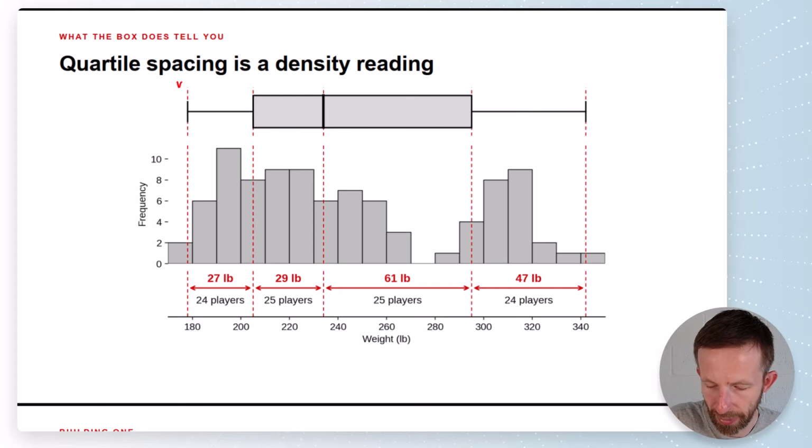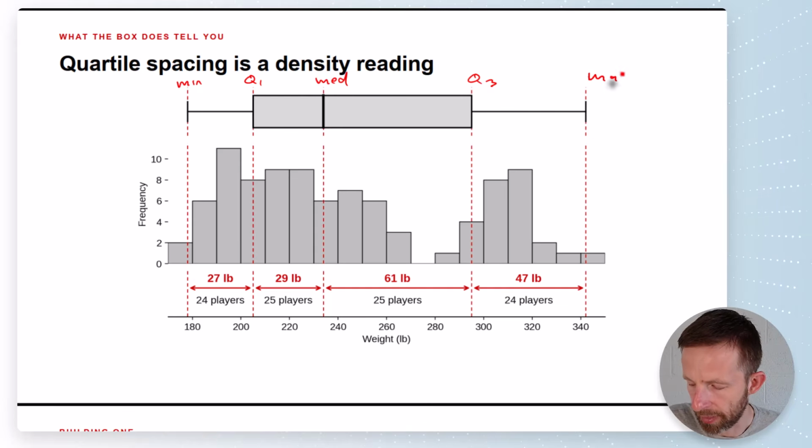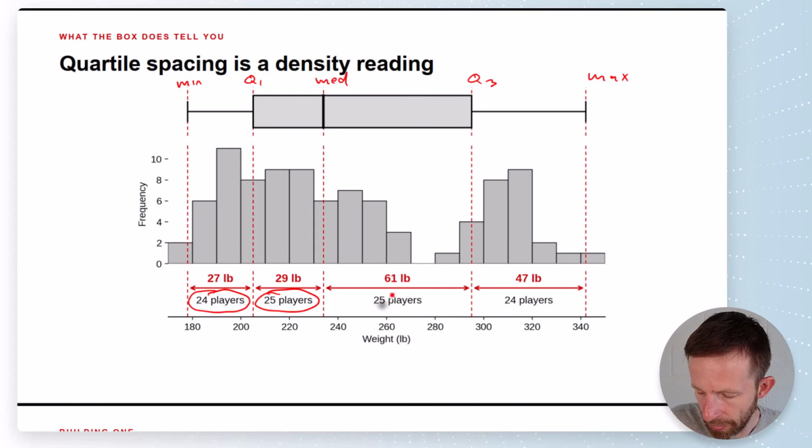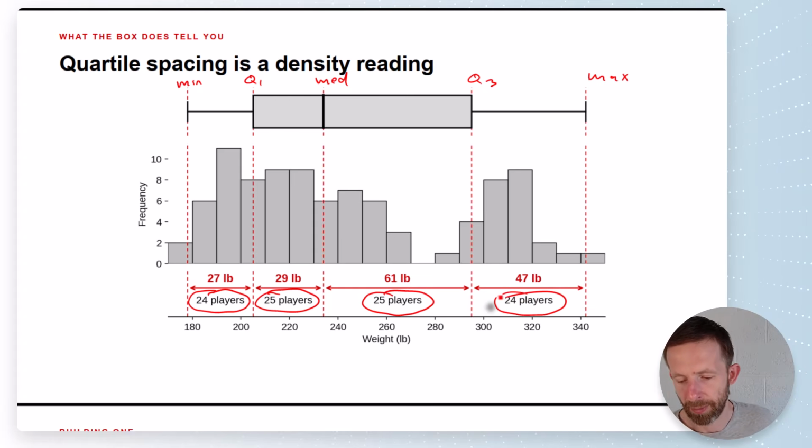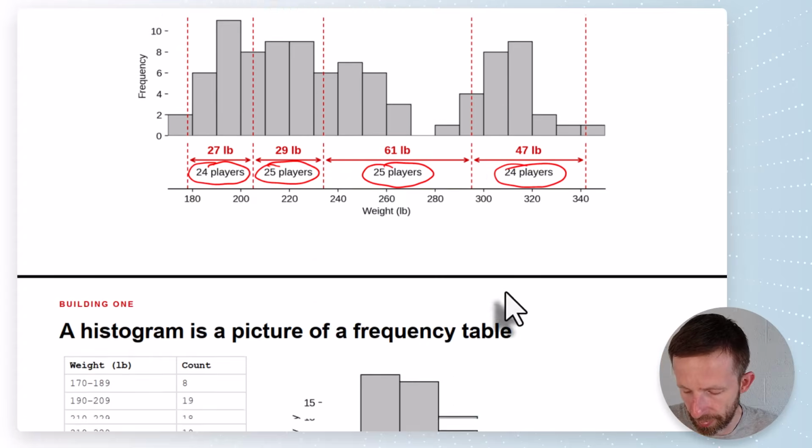We've got the minimum, Q1, median, Q3, and the maximum. And depending on the length of each of those segments, that represents a roughly same number of data points. In this case, it's players. So 24 players are between the minimum and Q1, 25 between Q1 and median, 25 between median and Q3, and 24 between Q3 and the max.